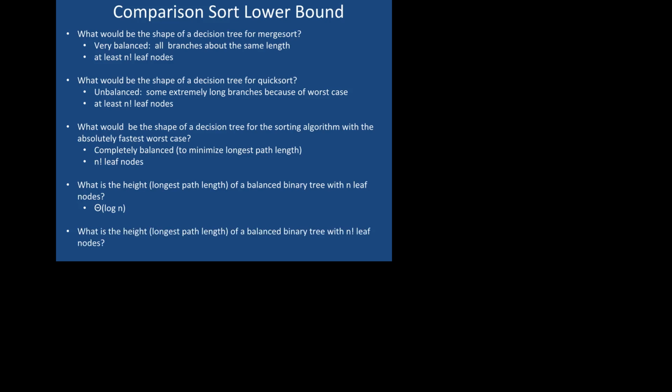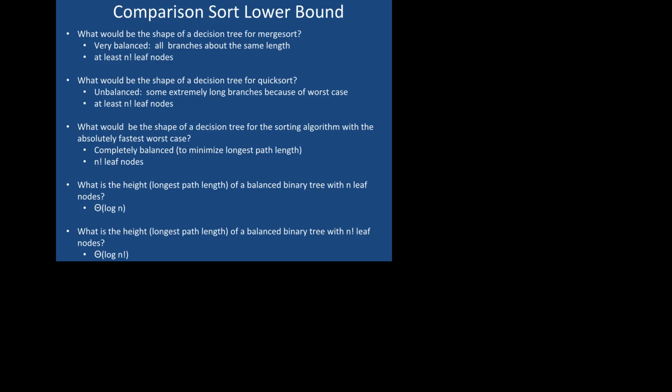So if we took this balanced binary tree with n factorial leaf nodes, this decision tree for God's algorithm, what is its height? We argued that it has n factorial leaf nodes.